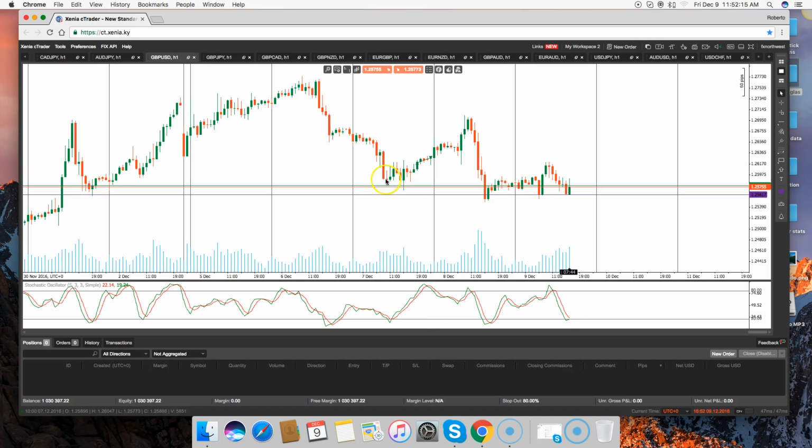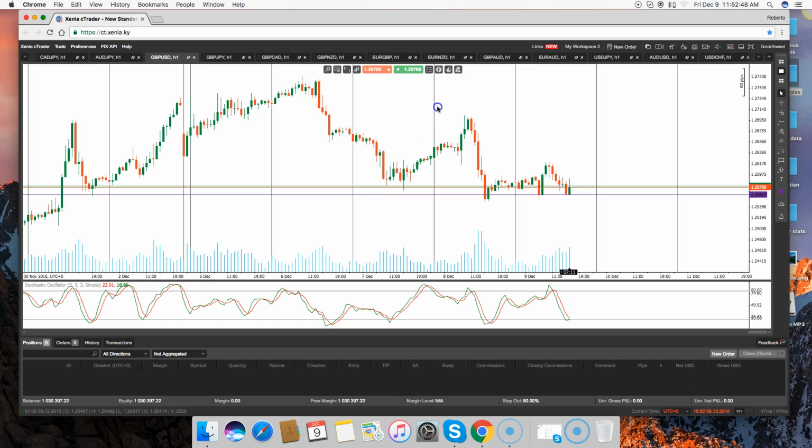We have a previous resistance level from back on November 30th, and price retouched that level, and we have a bullish engulfing candle. We have a morning star here, and notice the stochastics indicator is oversold. So that would be a trade setup. That would be a qualifier. That would be a high probability trade setup. Also notice that the market had sold off quite a bit previous to this level of support.